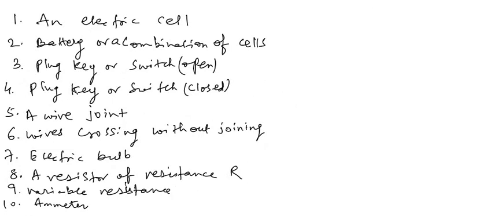We are normally required to draw electric circuit diagrams. For that there are different components and they have different symbols. For an electric cell, there is a longer vertical line and another small line. The longer is positive and the shorter is negative.